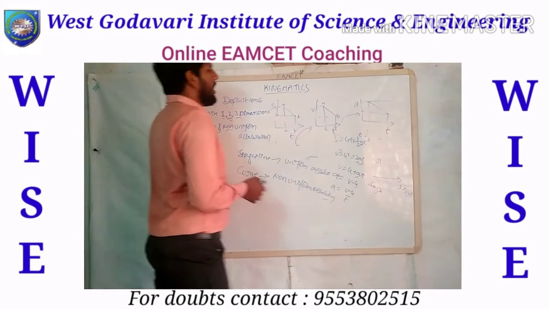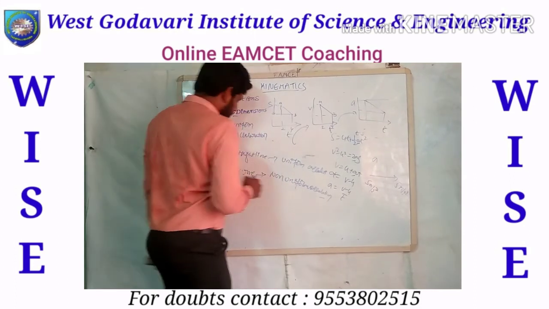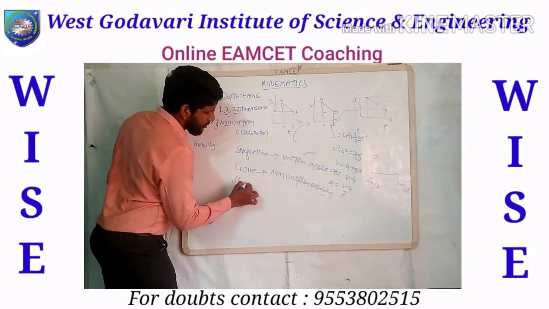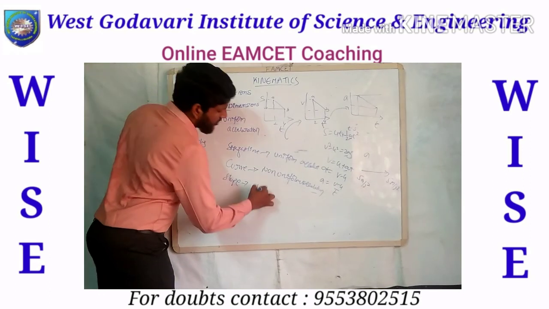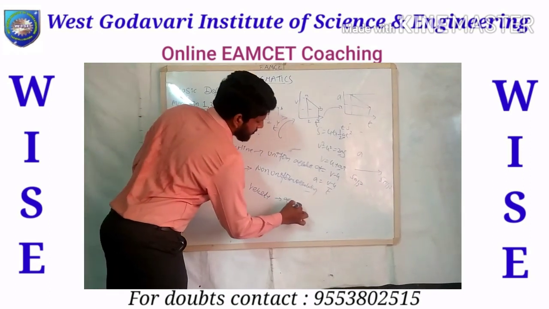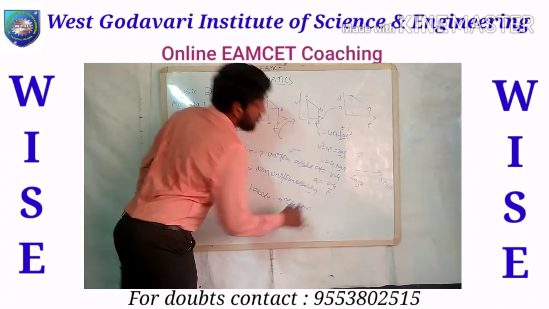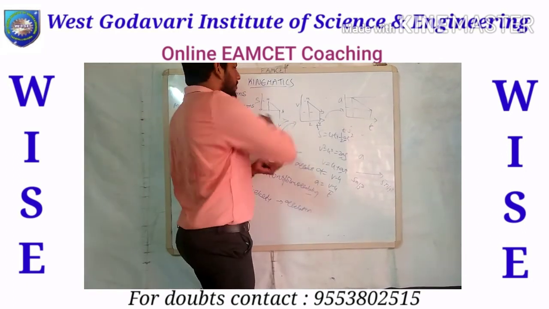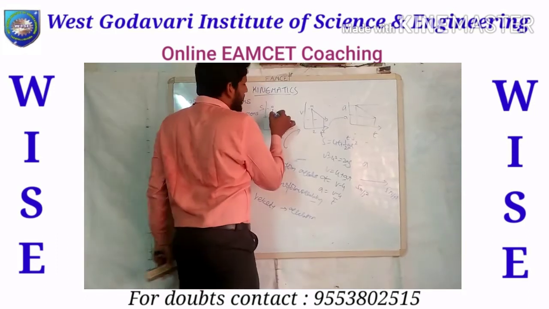But if any change is there, that is non-uniform acceleration. So let us consider the area. Here the slope gives velocity, and for velocity, acceleration. So let us consider the area covered by the slope.